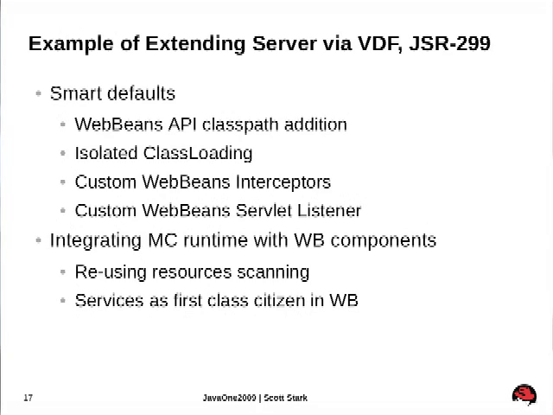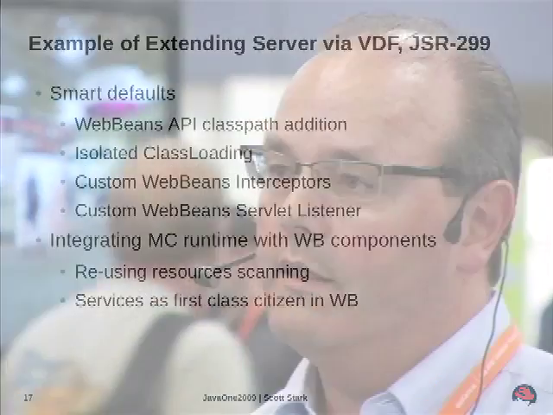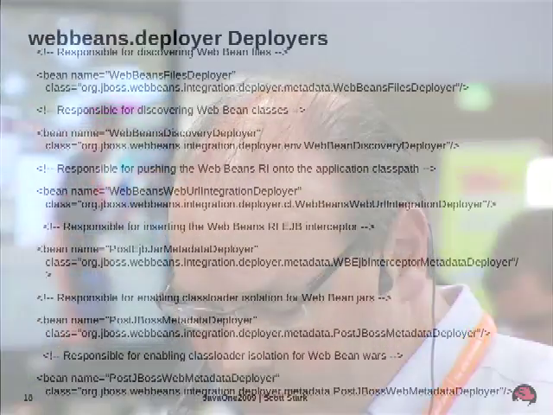And it introduces an EJB interceptor and custom servlet listeners, to properly handle the lifecycle callbacks and other behaviors that the WebBeans model adds to the existing EJB and web containers. And then we integrate with a number of the existing MC runtime elements to better utilize existing facilities like scanning for annotations and that type of thing.